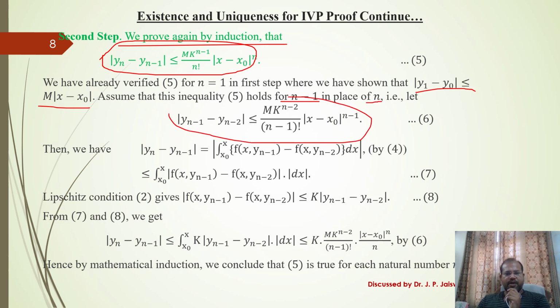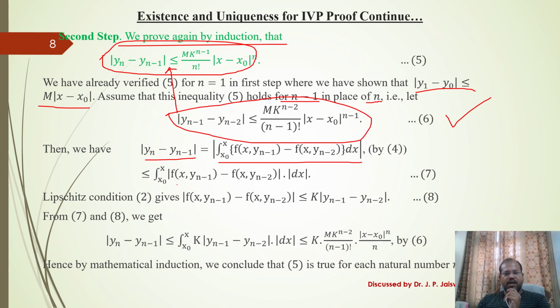If it is true for n minus 1, you just replace n by n minus 1 in equation 5, you will get equation 6. Now we try to prove it for n. So I try to prove |yn minus yn-1|. By the Picard iteration, you take this difference and take the mod.